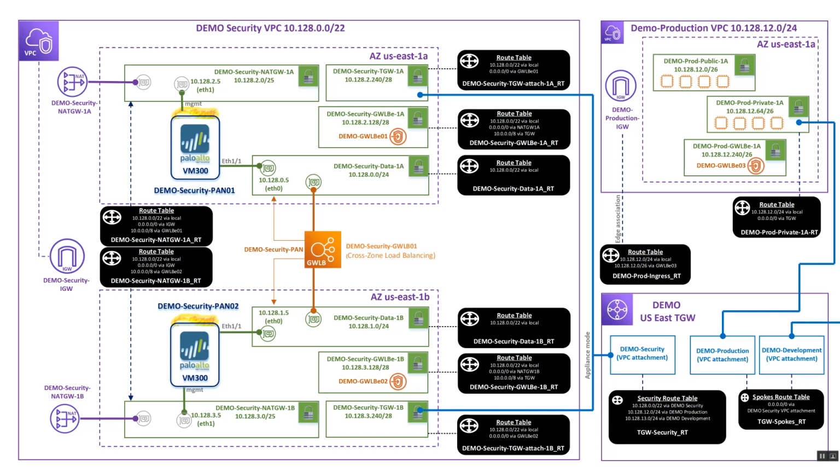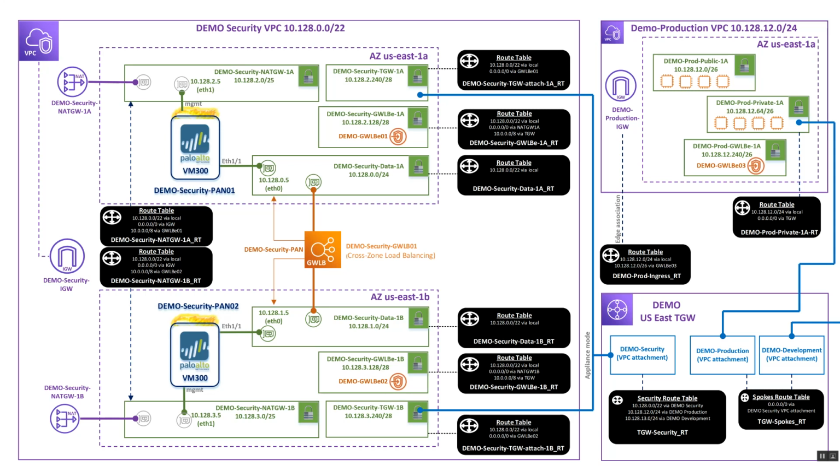And one thing that I'm doing here, a little creative, is taking advantage of VPC ingress routing, right? So with this, I am creating a separate route table called prod ingress route table, and I'm doing an edge association.